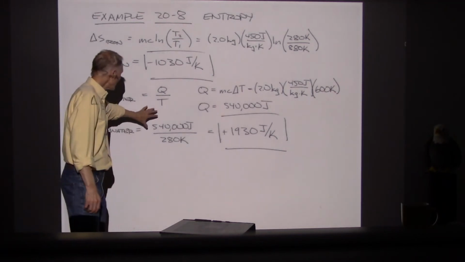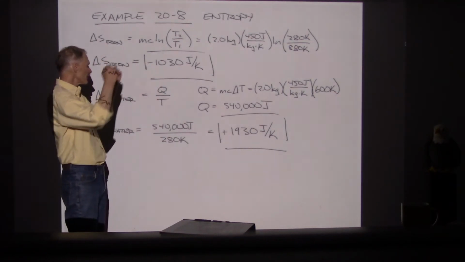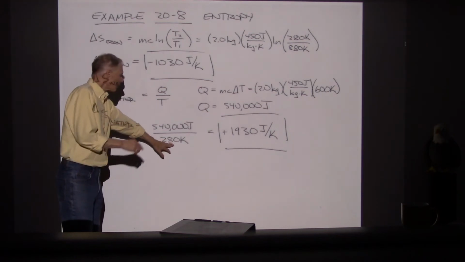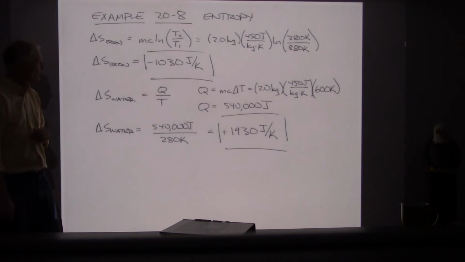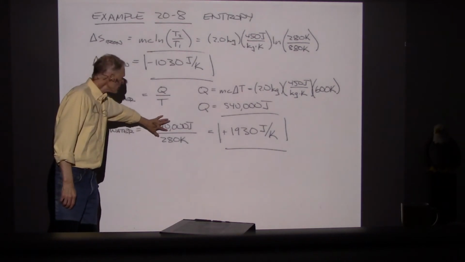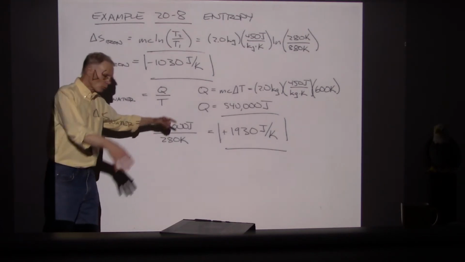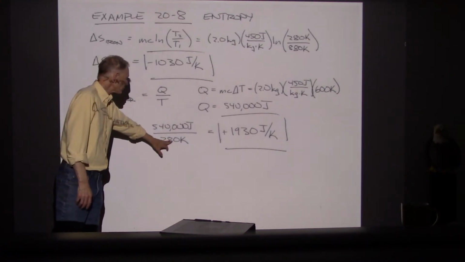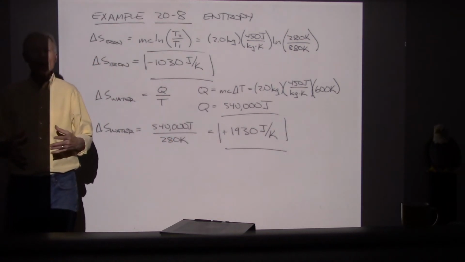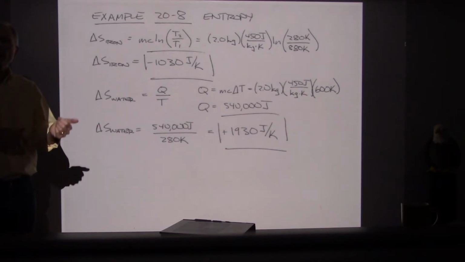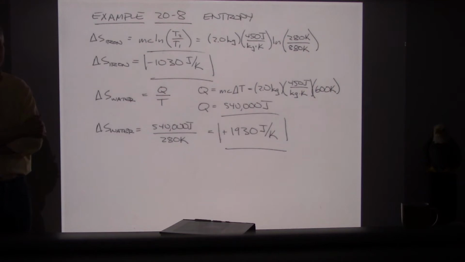So if I take a transfer of 540,000 joules coming into the lake, and okay, here is where I can become a little bit skeptical. All of that heat goes into the lake, and the lake remains at a temperature of 280 Kelvin, that's okay, but locally in the lake, when the hot iron goes in, what's going to happen? Right, we're going to vaporize a bunch of water.